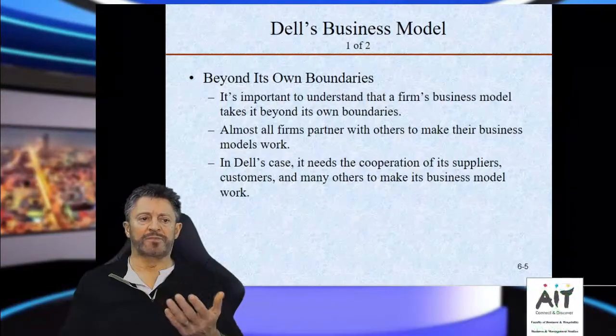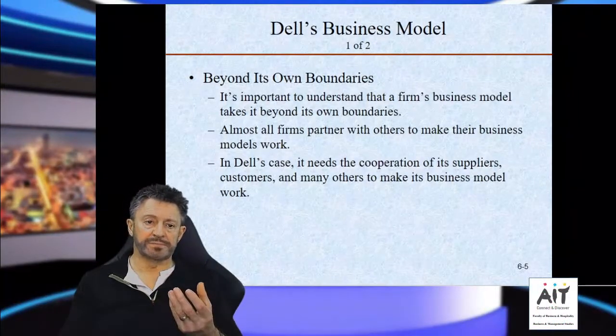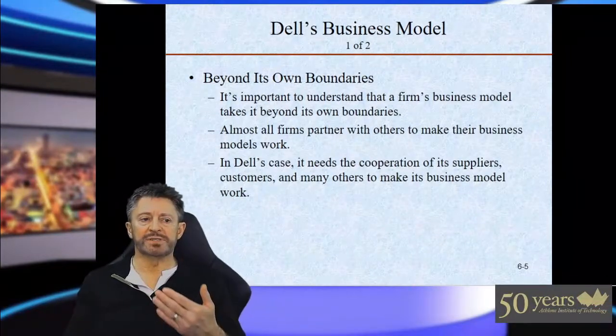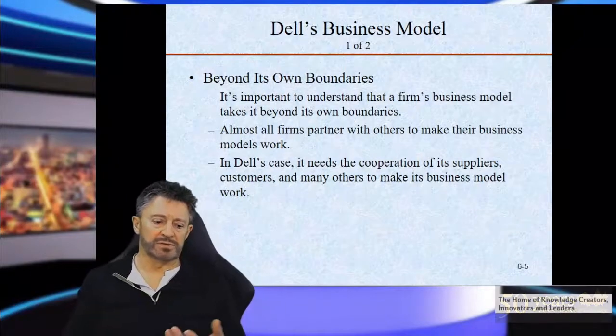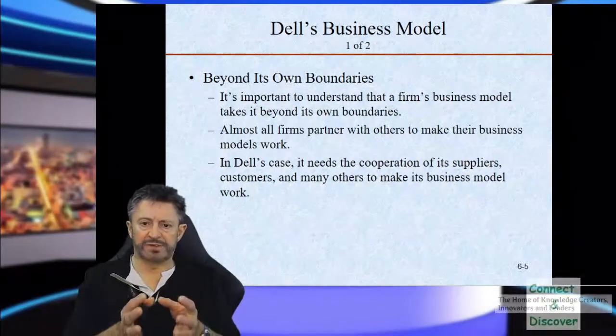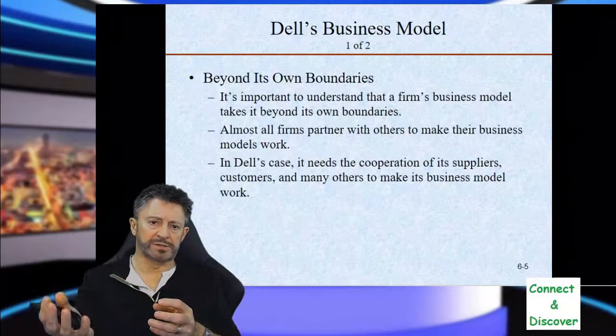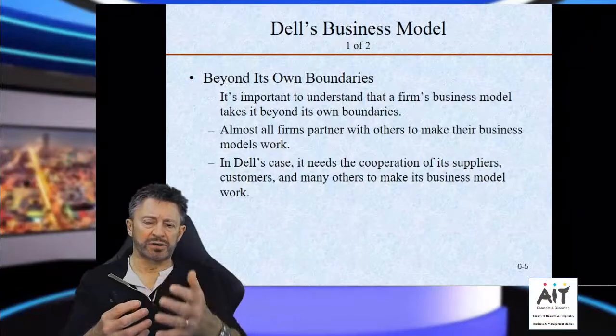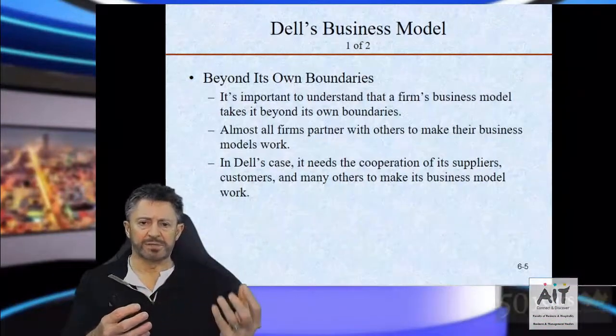Almost all firms partner with others to make their business models work. So it's not just you as a single manufacturer, it's your suppliers, their suppliers, it's your distributors, it's the retailers, and it's ultimately the customers.